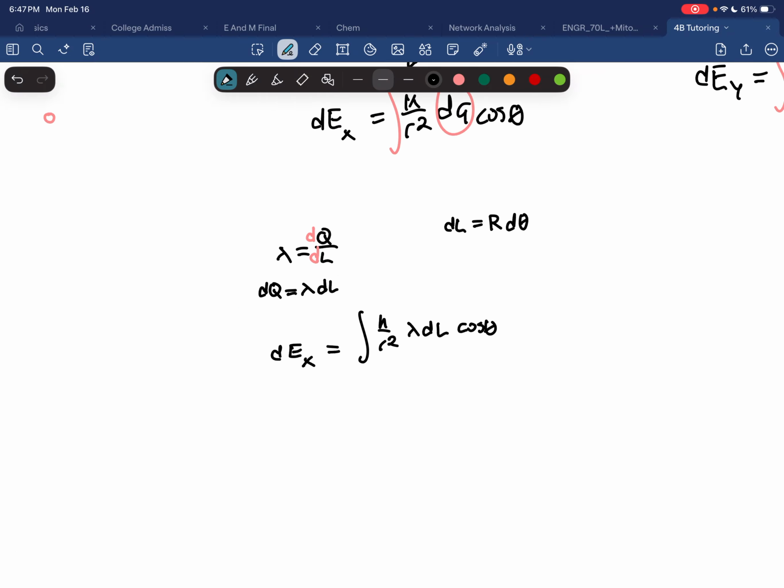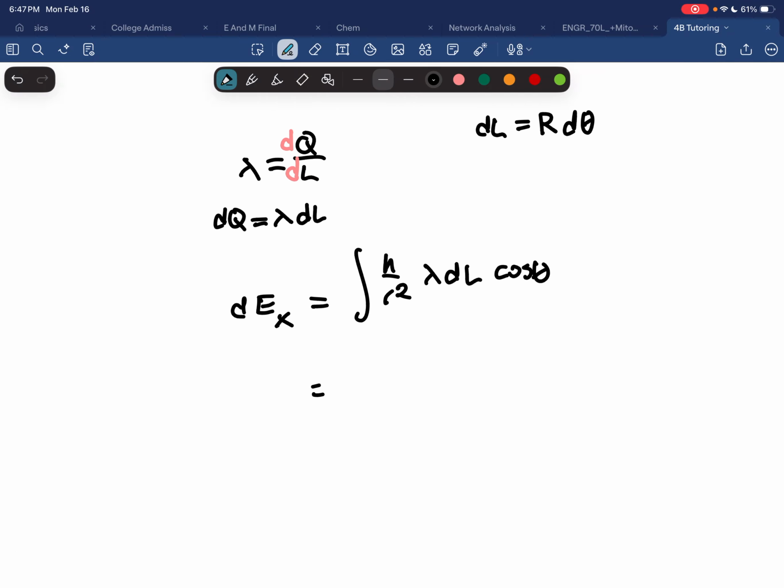And so now when we substitute this equation into this integral, we have k over r squared lambda dl, or lambda r d theta, multiplied by cosine of theta.